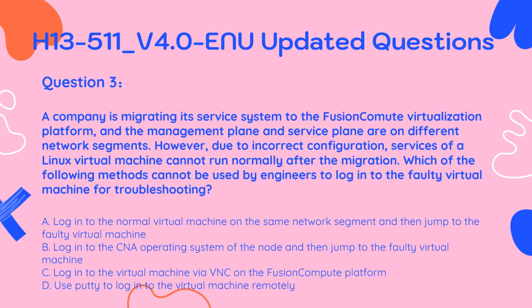A. Log into the normal virtual machine on the same network segment and then jump to the faulty virtual machine. B. Log into the CNA operating system of the node and then jump to the faulty virtual machine. C. Log into the virtual machine via VNC on the FusionCompute platform. D. Use PuTTY to log in to the virtual machine remotely.